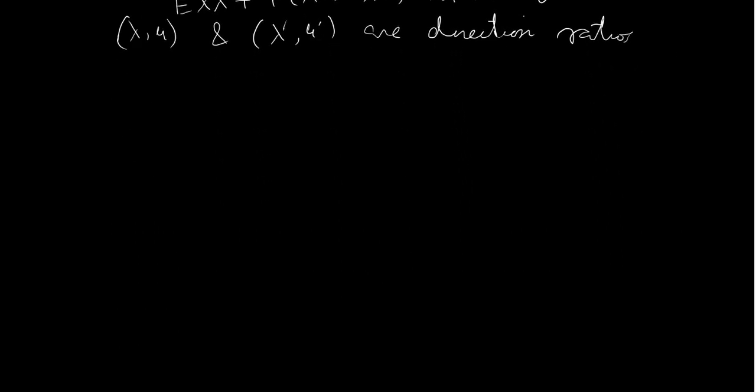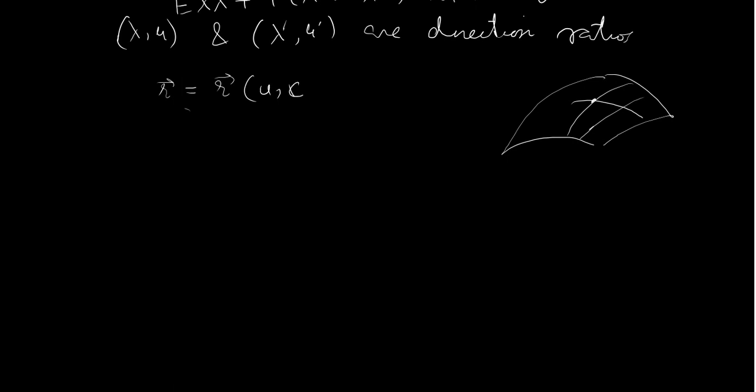Similarly, now we have certain special directions on a surface. That is the parametric curves. I have something called a parametric curve at each point of a surface. Parametric curves are the ones which we get by putting one of the variables equal to constant, or fixing one of the two variables on the surface. The parametric curves would be of the form r equals r of u, c, which we call a u curve, or r equals r of c, v.